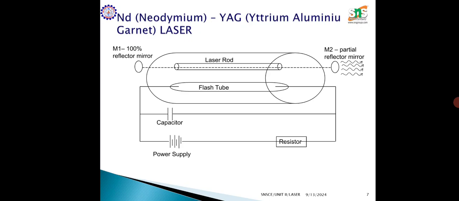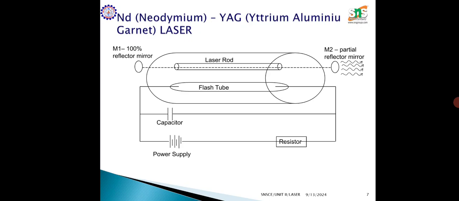Both are placed in the elliptical cavity, and the end of the rod will act as the optical resonator. Apart from that, we have two mirrors here, a 100% reflecting mirror and a partially reflecting mirror.